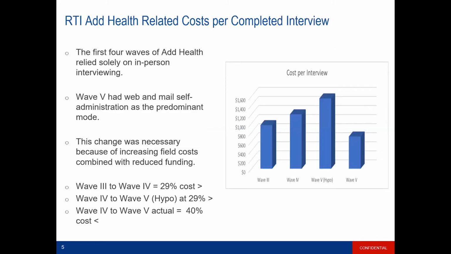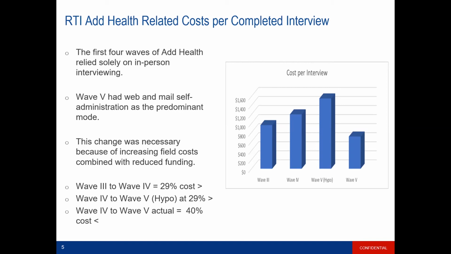But the Ad Health cost per completed interview comparison was interesting, and this is the definition of our problem in planning wave 5. I mentioned previously the first 4 waves were all in person. Wave 5 had web and self-administration as a predominant mode, and this change was necessary because of the increasing field costs.